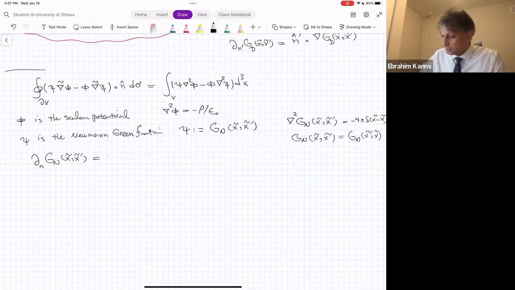Which means that it is n dot gradient of G_N of x and x prime, or simply we are talking about the derivative of G_N.